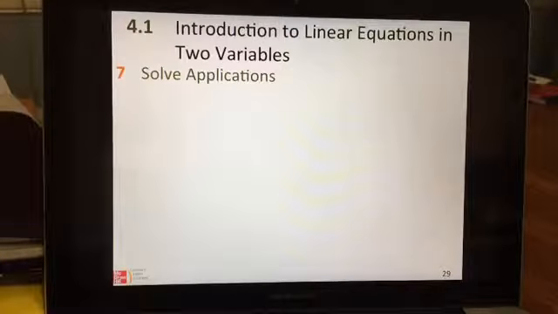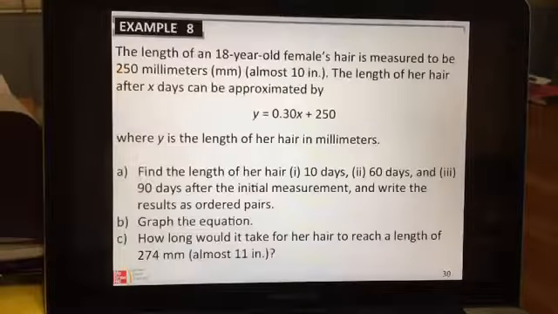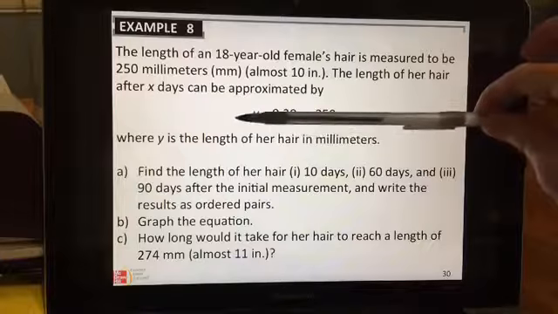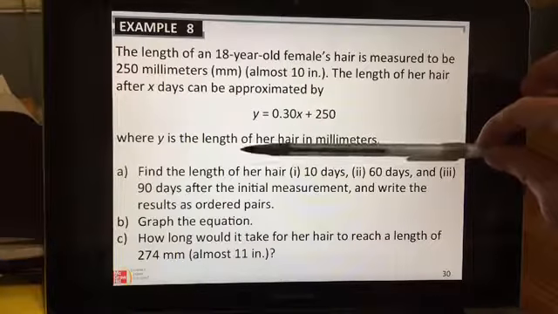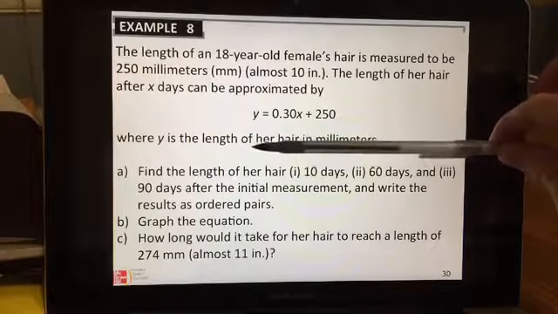All right, so now we're going to work on applications. The length of an 18-year-old female's hair is measured to be 250 millimeters, almost 10 inches. The length of her hair after x days can be approximated by this equation here, where y is the length of the hair in millimeters.